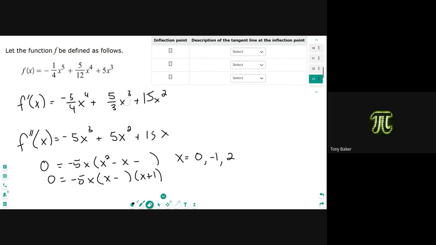Middle part's right. Yeah. Wait a second. That doesn't work.